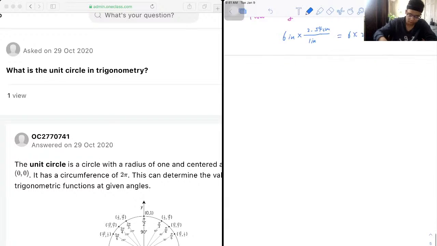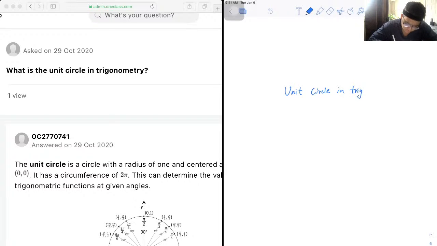Okay, so our last question for today's session is asking us what is a unit circle in trigonometry. Okay. So the unit circle in trigonometry.